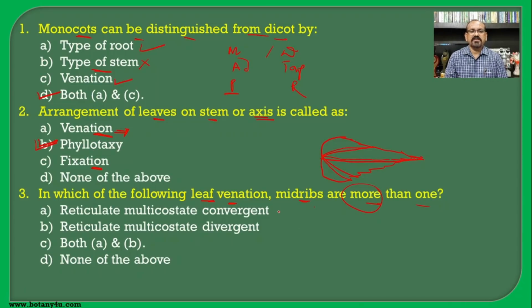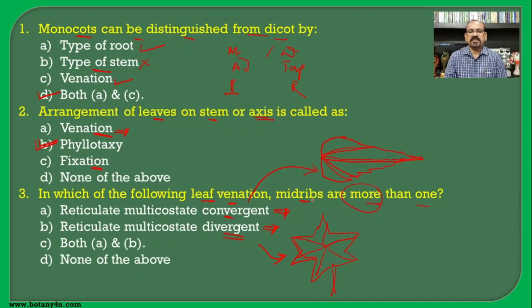If the veins are meeting at the apex, then it is known as the convergent. And if these veins are running away from each other, say for example, if this is a leaf and here these are the different midribs, so these veins are running away from each other, this is known as the divergent condition, and this is a convergent condition.